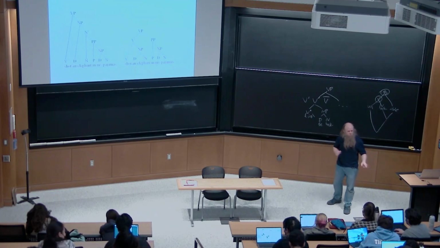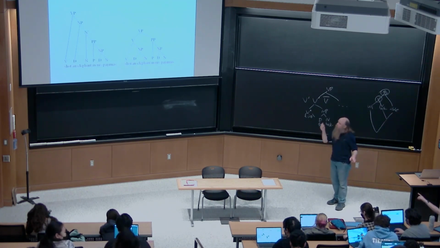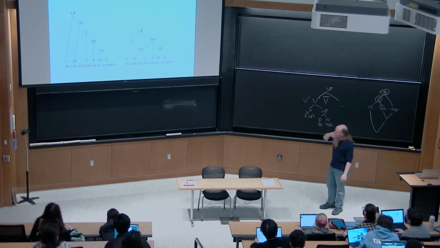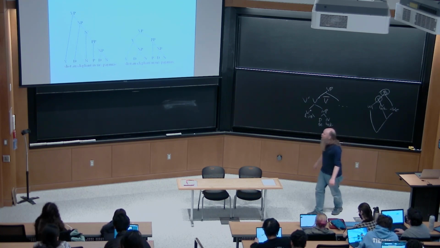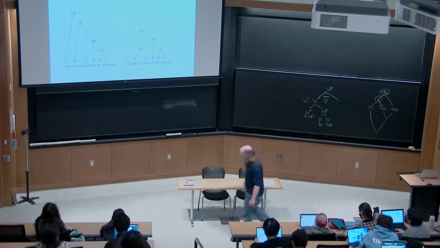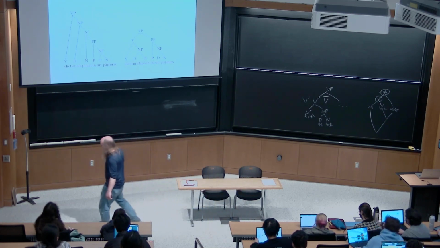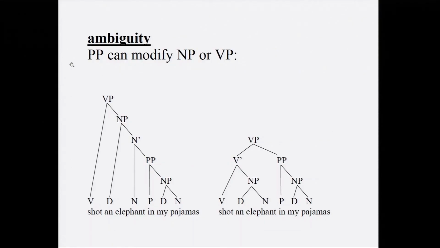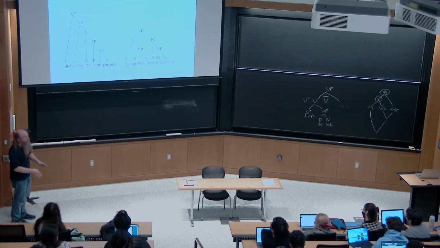Raquel? Just, I guess, a simple question. So at the bottom of the left, there's an NP, like my pajamas. Yep. And there's an N bar that's higher. Yep. I guess, why is it an NP down there if there's like another NP that's above? Yeah, so that's a very good point. When I said before that you give P to the highest thing with a given label, I should have said something more sophisticated, something like you give P to the highest thing with a given label that is being projected from a given head, from a given word.